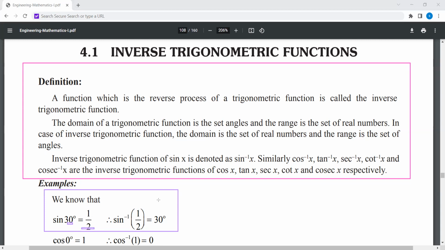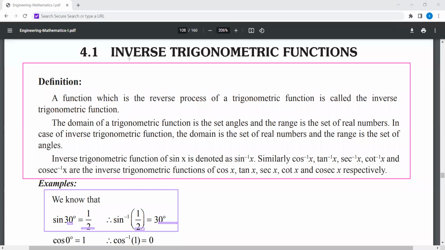In the case of an inverse trigonometric function, the domain is the set of real numbers, 1 by 2, and 30 degrees is in the range, the set of angles. The inverse trigonometric function of sin x is denoted as sin inverse x. Similarly, cos inverse x, tan inverse x, sec inverse x, cot inverse x, and cosec inverse x are the inverse trigonometric functions of cos x, tan x, sec x, cot x, and cosec x respectively.